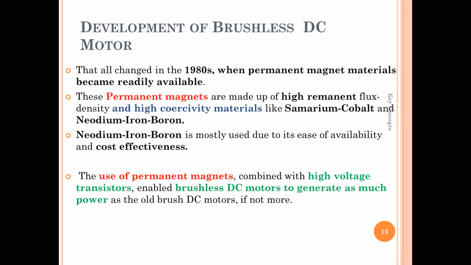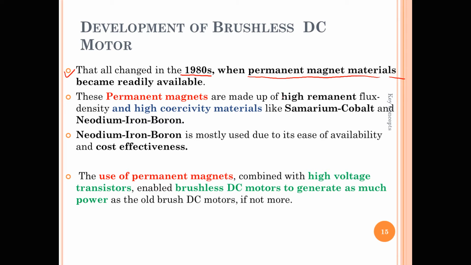Then what's the next concern point? We have the new developments which happened in the 1980s, when very different types of permanent magnets came in the picture, and that solved the issues we faced with Alnico and ferrite.